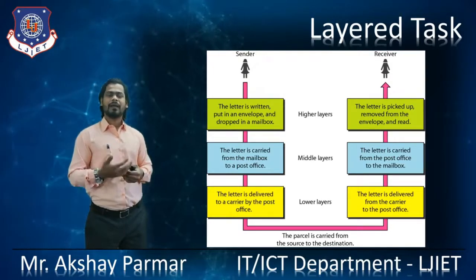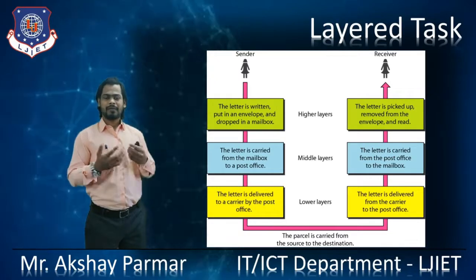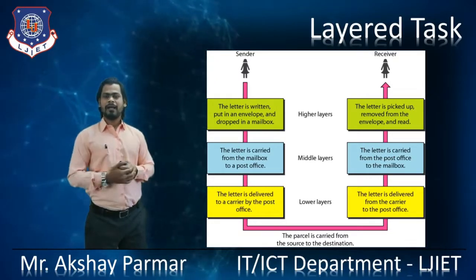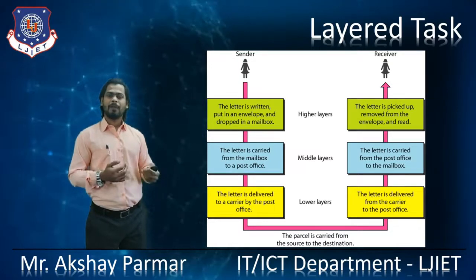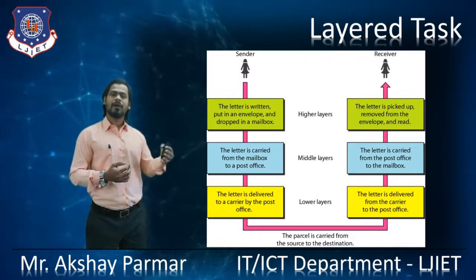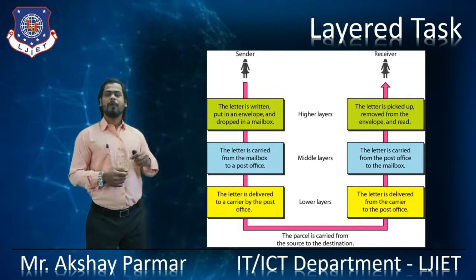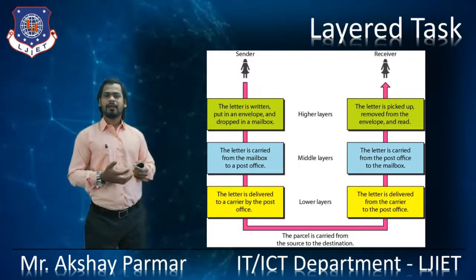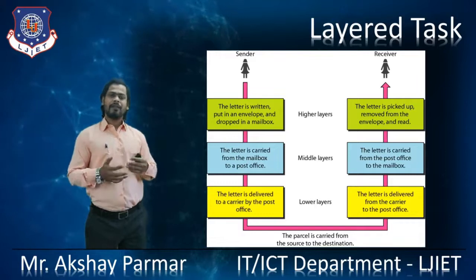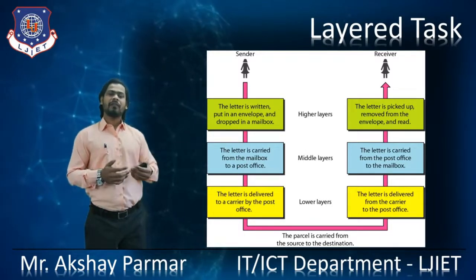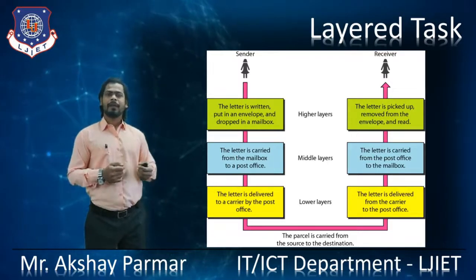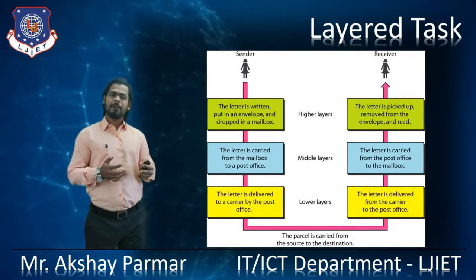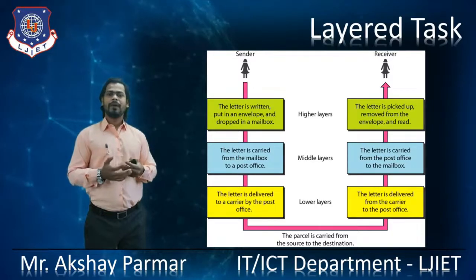After that, the higher layer task will be performed. In that, your friend will collect the envelope from his or her mailbox, open the envelope, and read your warm letter, right?